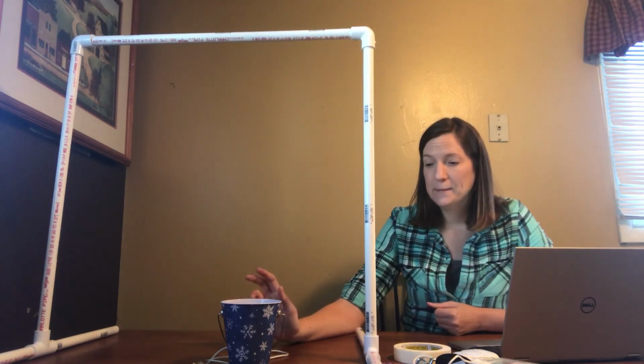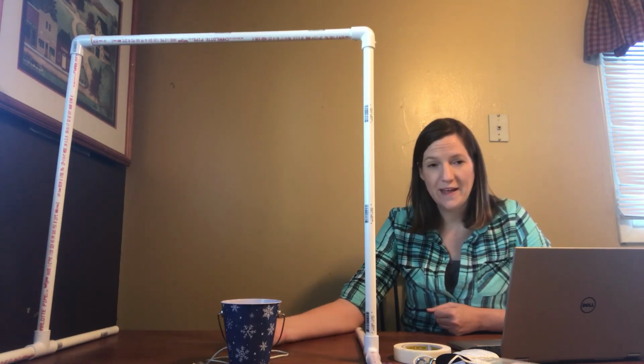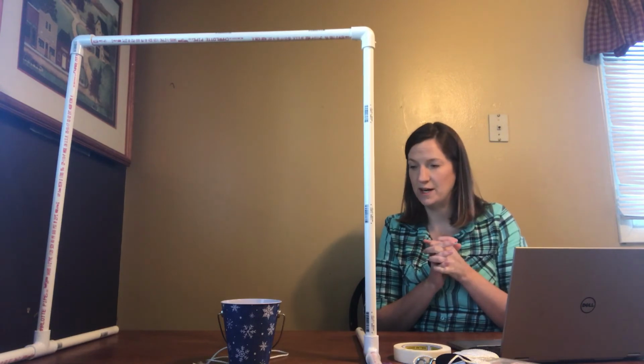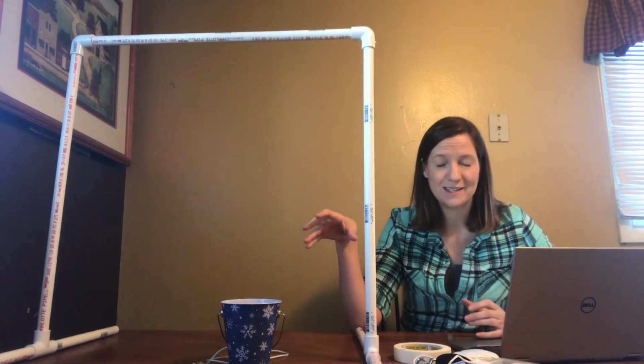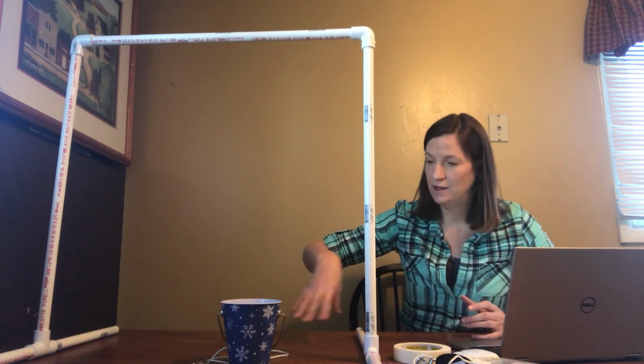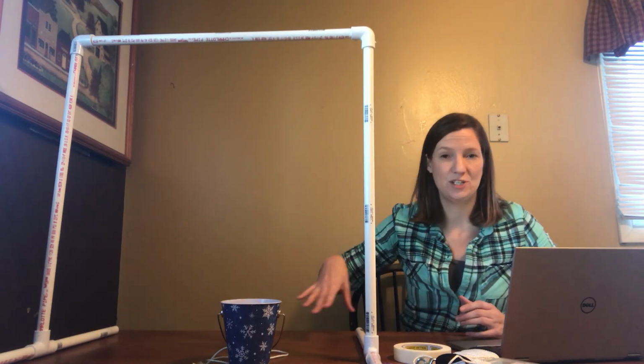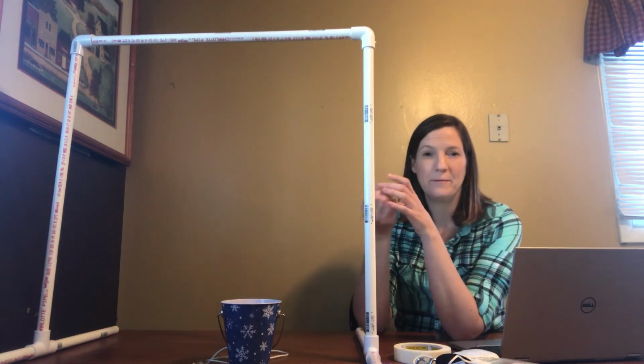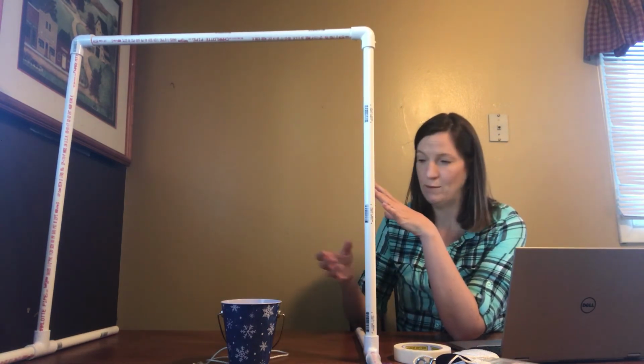In the bottom of the cup, they have one or two holes poked, and then they fill it with paint. Underneath, they have a big white sheet of paper, and with those holes in the bottom, the paint slowly comes out.